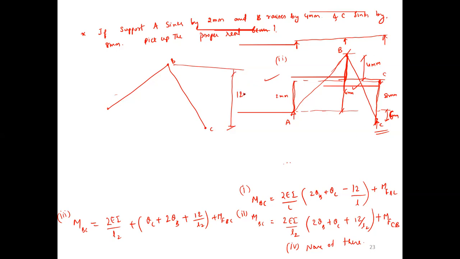12 mm is the total height, right? Now what is the equation? M_BC equals M_FBC plus 2EI by L2 multiplied by (2 theta B plus theta C minus 3 delta by L2). For this kind of displacement, which kind of rotation is responsible? Clockwise, and clockwise means positive.